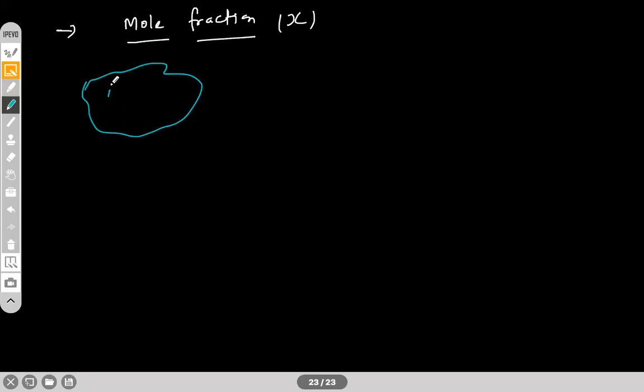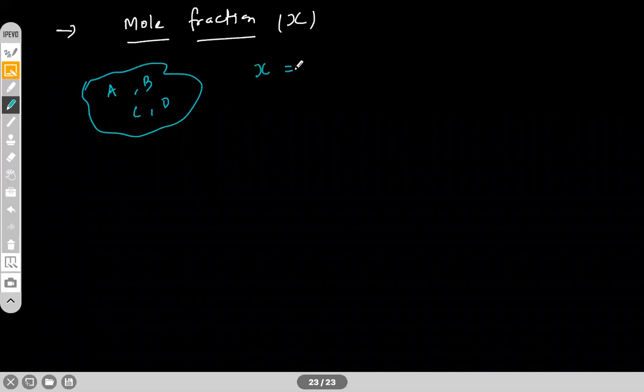One more term we write down here, that is mole fraction, represented by X. Now suppose we have a mixture of three or four gases, A, B, C, D. So how do we define mole fraction?